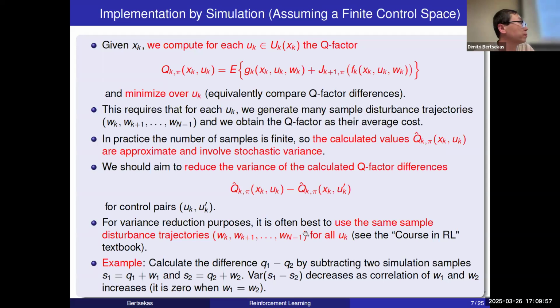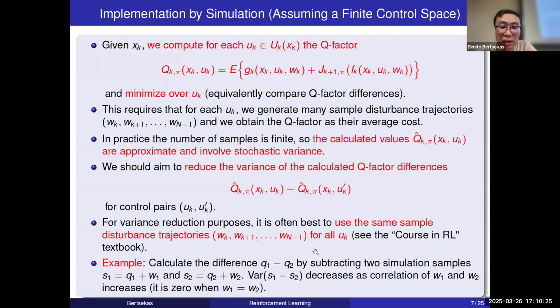Any other questions? Yes. So W1 and W2 are random variables. Yes. And we are assuming that they share the same probability distribution. I mean, if they use different distributions, then this whole idea does not apply, right?